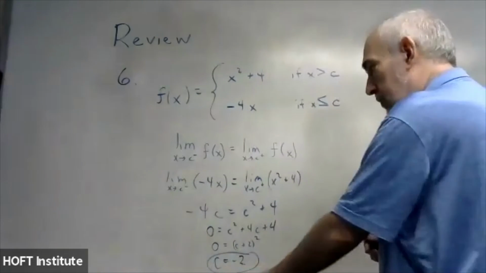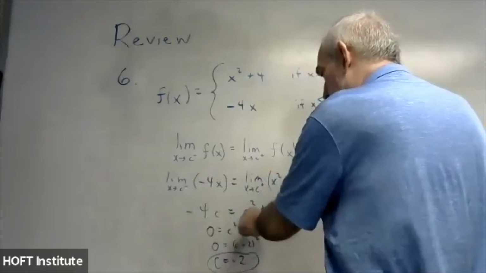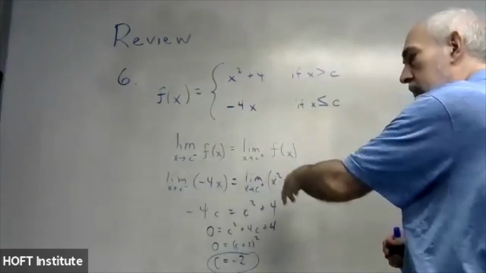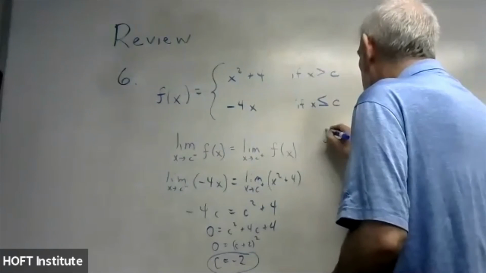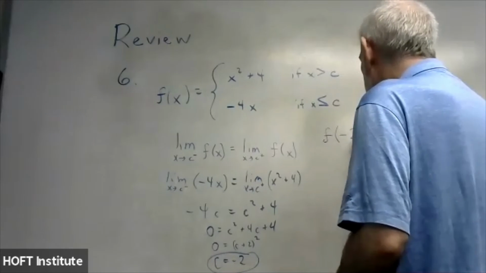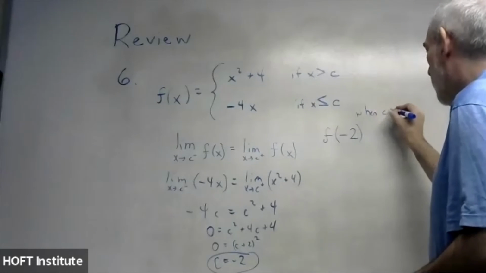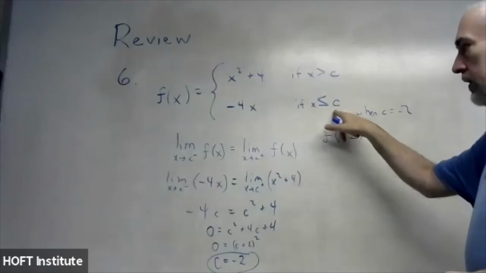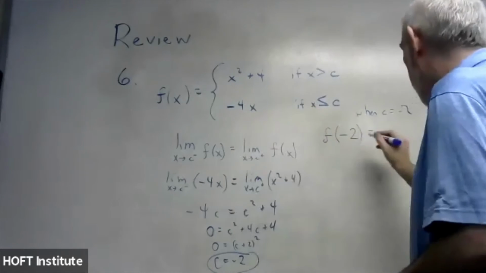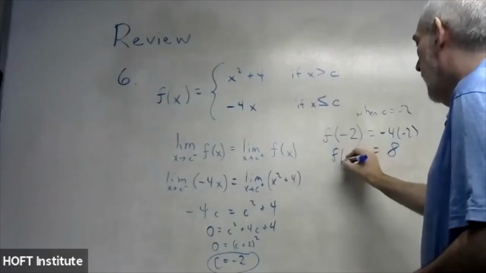Just double checking, if you plug in -2 into this equation, you would get 8. -2 into this, you get 8. So both of these limits would be equal to 8. And the value of f at -2, when c is -2, is equal to c, so we use the bottom equation, -4x, so -4 times -2, which is also 8.